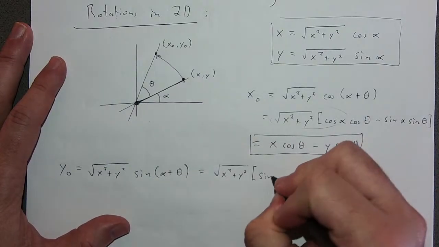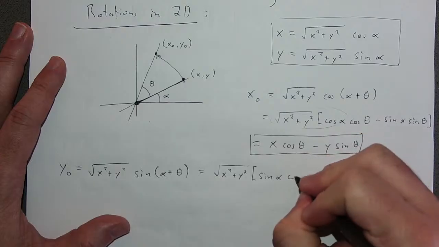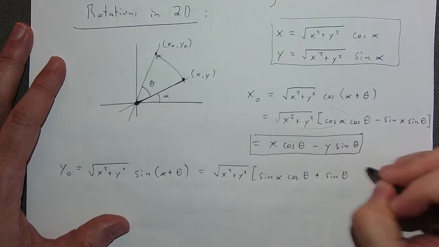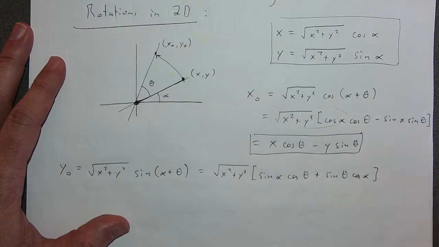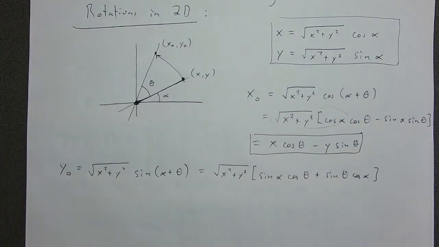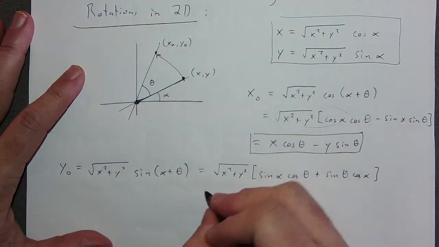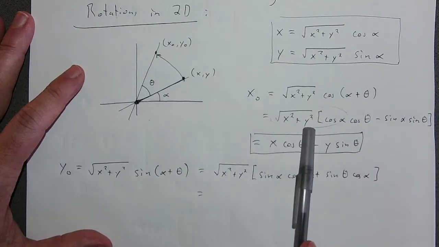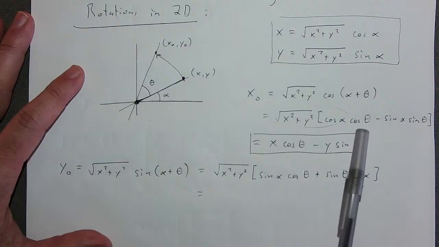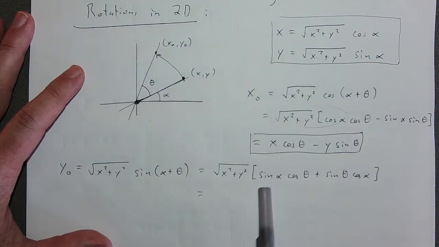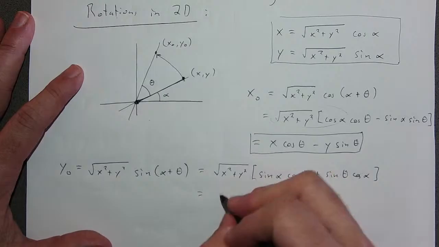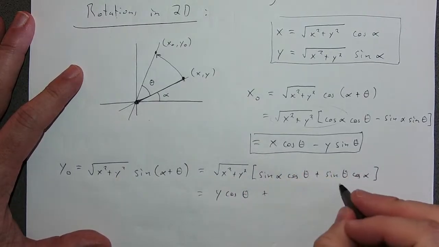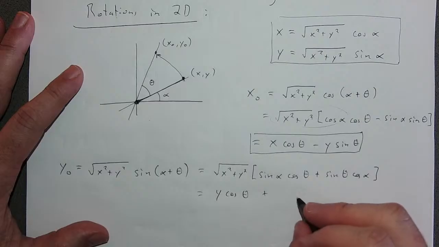So what is this? This is sine alpha times cosine theta plus sine theta times cosine alpha, which, using this same simplification pattern here, is going to be square root of x squared plus y squared times, sine alpha is y, so this would be y cosine theta plus x sine theta.